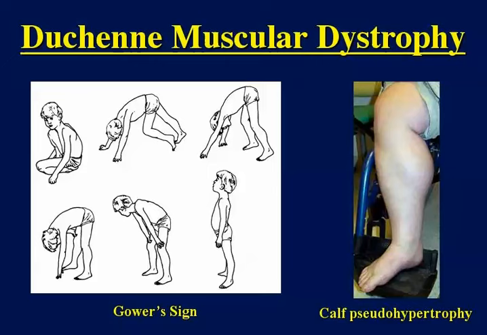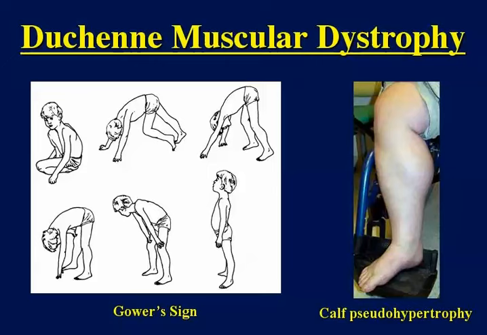Death is usually attributable to sleep apnea, heart failure, pneumonia, and occasionally aspiration with obstruction. Becker MD, in contrast to DMD, proceeds at a lower pace, with boys remaining ambulatory until late adolescence or early adulthood.